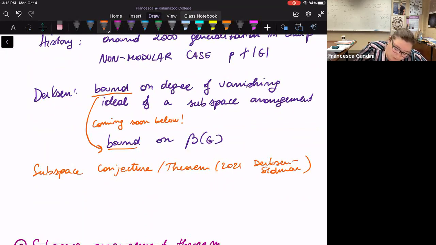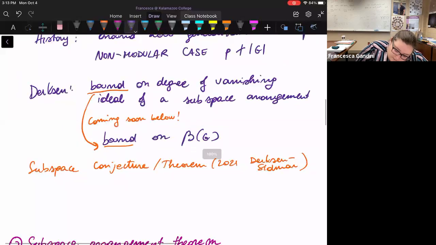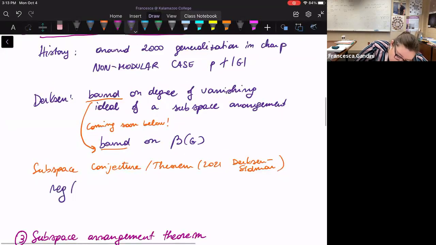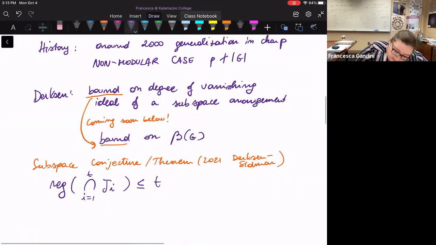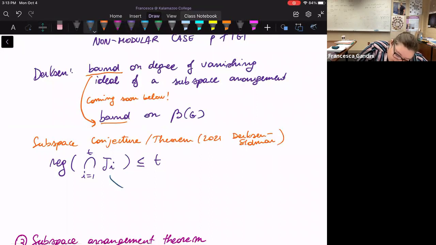So to make this connection work, Derksen and Sidman needed to bound the regularity of the intersection of T many linear ideals by the cardinality, so by T. And so what's important here is that these J_i are linear ideals, so they're generated by linear forms.